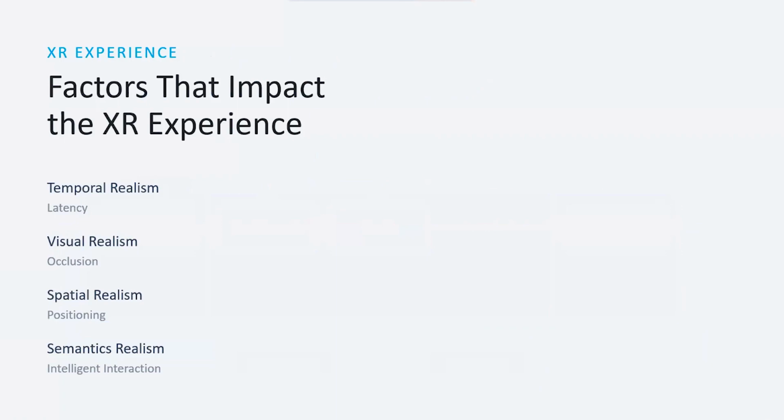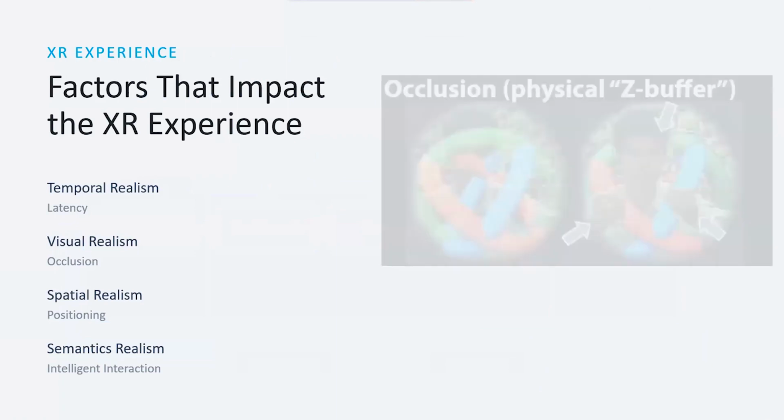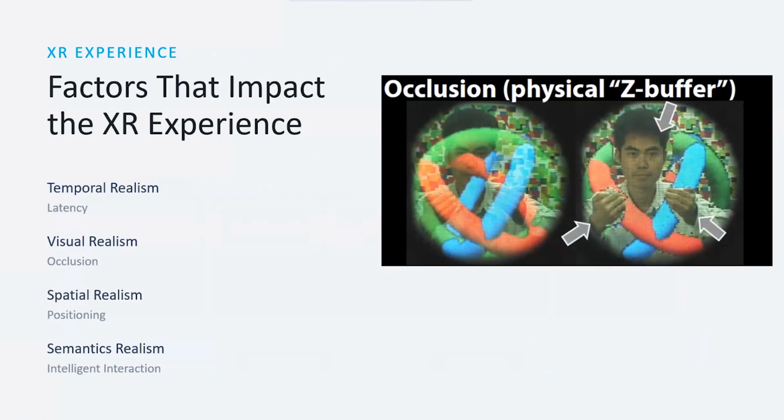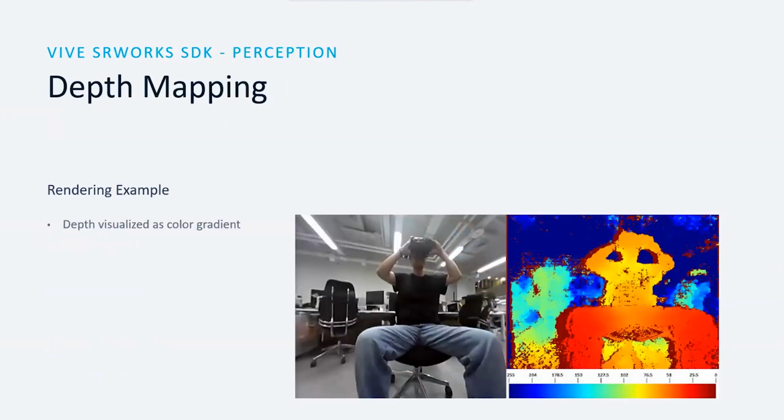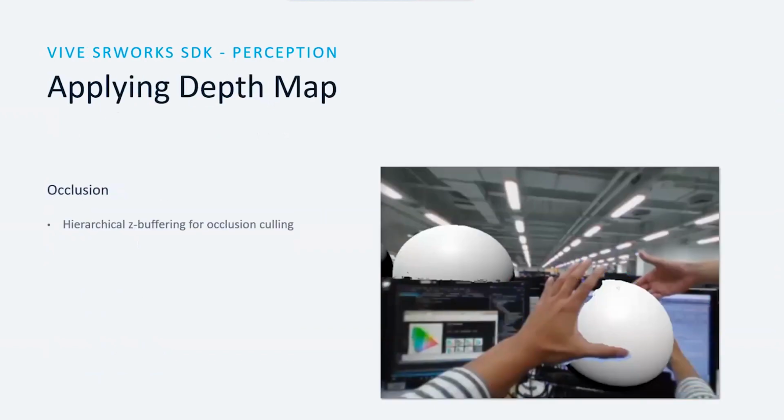So these are some of the factors that impact experiences, and we're always working on improving this. For example, occlusion is very important, as you've seen in a lot of AR experiences, if you want it to look real. If a virtual object is behind you, you should occlude it. And with depth, in this example, we're just mapping color to depth, but you can apply a depth map to do occlusions of your hands and so forth.